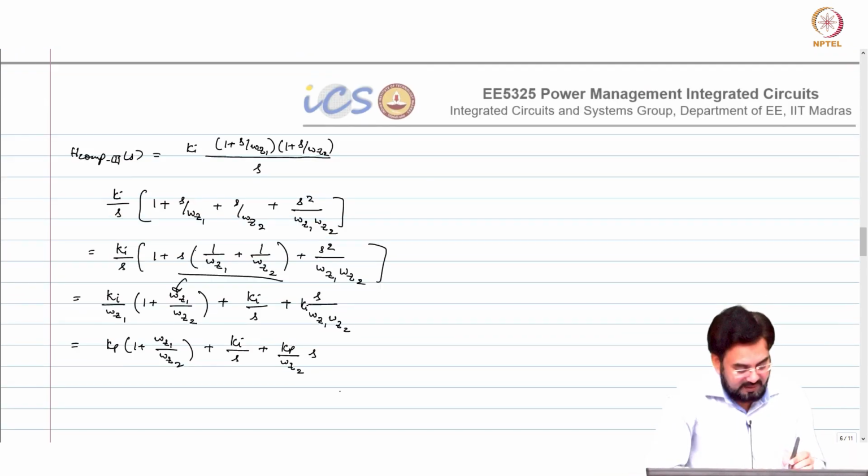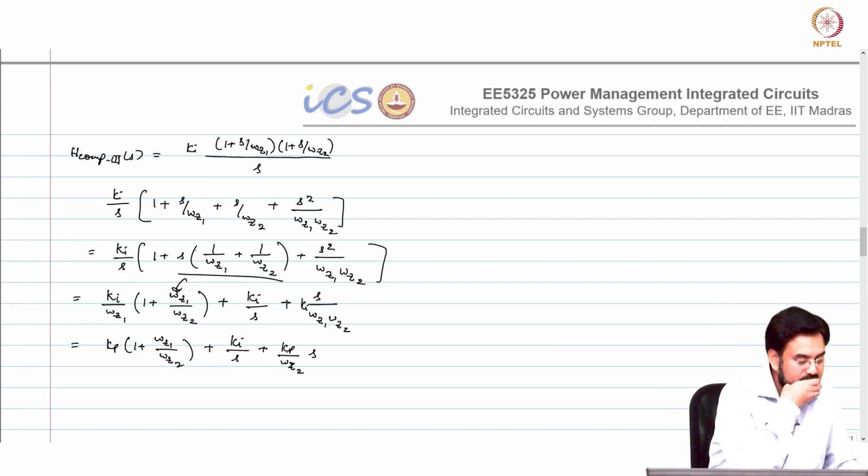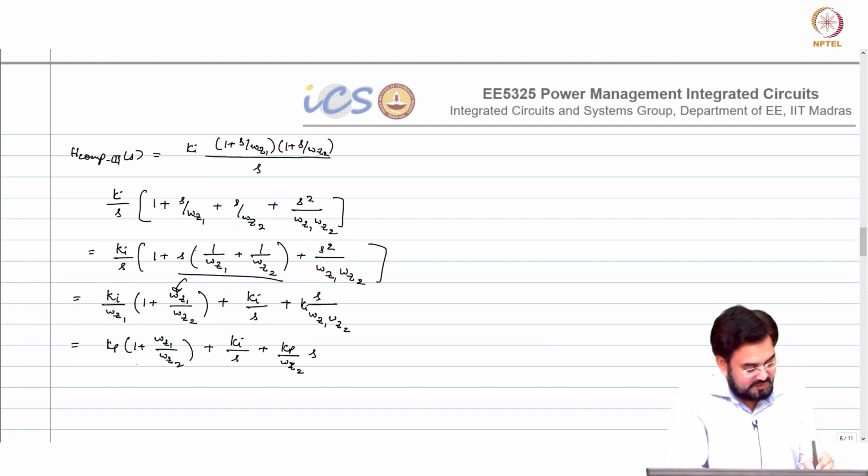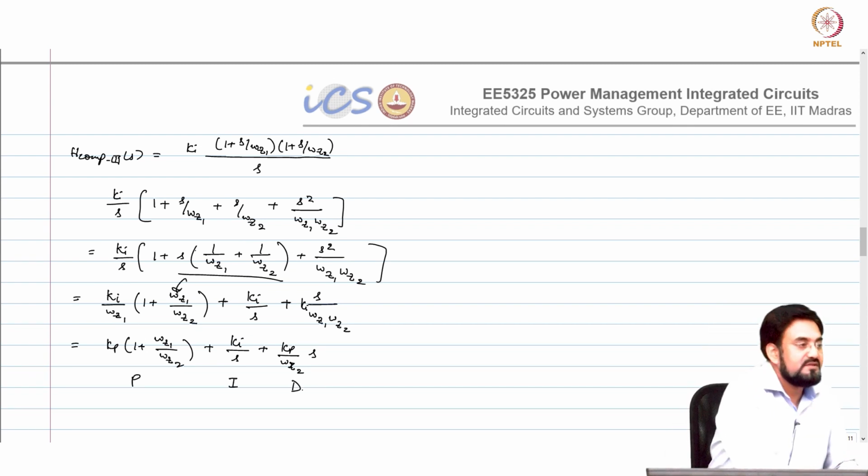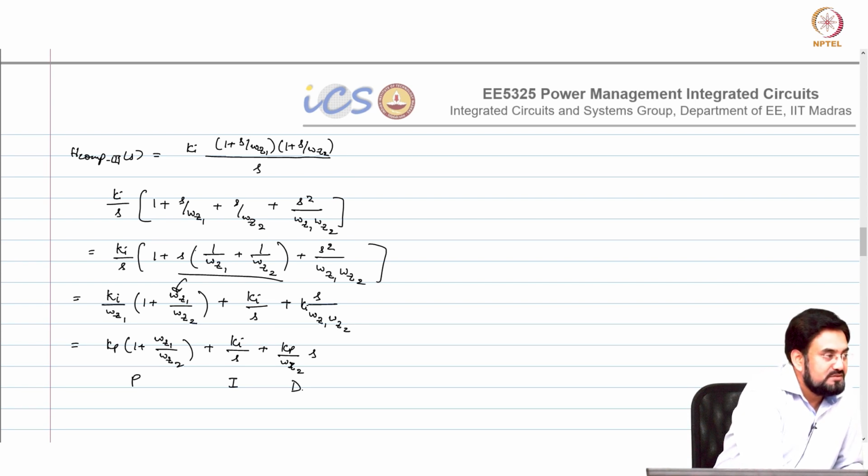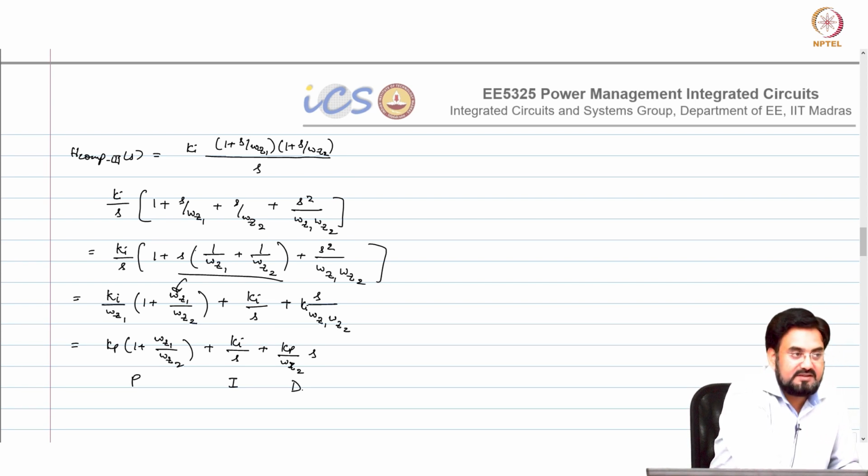Okay, I can write like this. So what is this? Proportional integral derivative. That is why we call PID type 3 as PID.